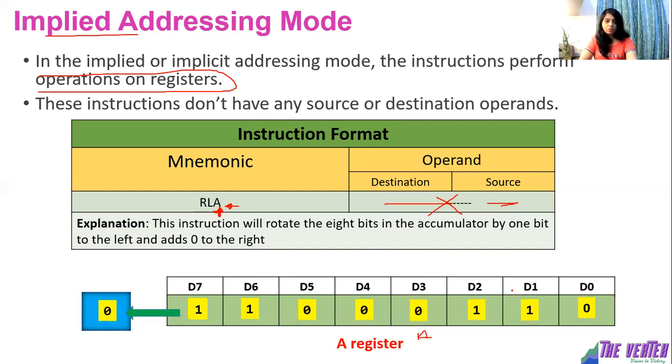After execution, it will move the data towards the left by 1 bit position. Since D0 is now empty, it will enter 0 in the D0 bit position. One more time: this instruction rotates the contents of the accumulator, register A, towards the left by 1 bit position, and since D0 is empty, it fills D0 with digit 0. So that was an example of an implied addressing mode instruction.